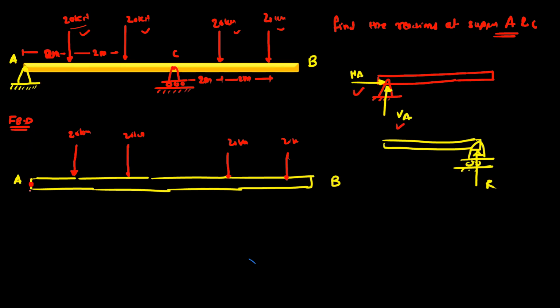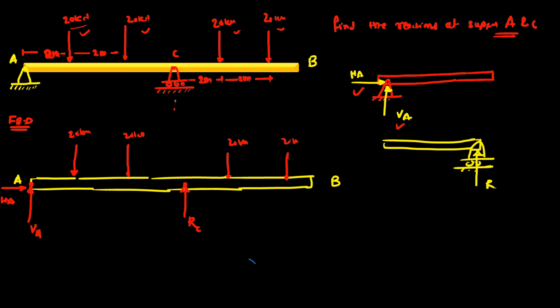So at the point A, we will have two reactions. So this is a VA and this is HA. And at the point C, there is one reaction. So this is the RC.